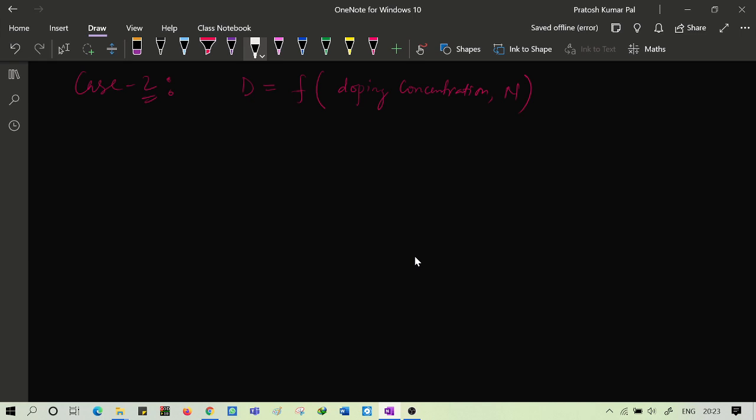Suppose, in the first case, D, the diffusion coefficient, is directly proportional to n. Then if it is made equal with a constant k, D will be equal to k into n. This is a proportionality constant.